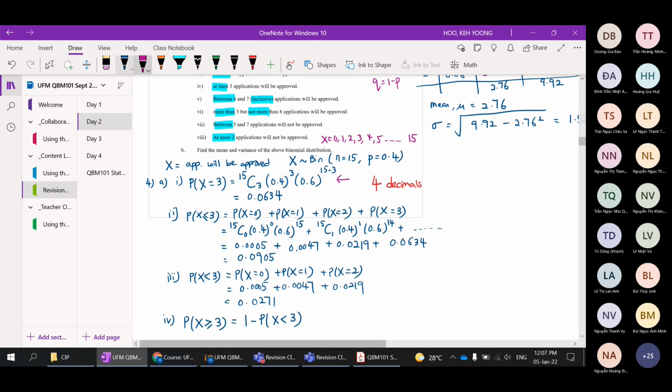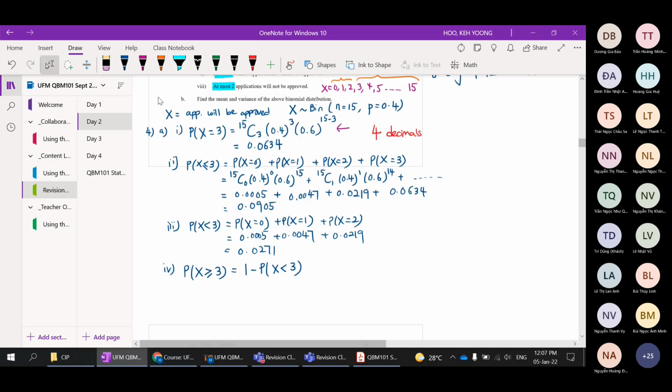Right now we want more than or equal to 3, so we take 1 minus the probability less than 3, which is 0, 1, and 2. We found this in part 3 already, right? So 1 minus 0.0271.